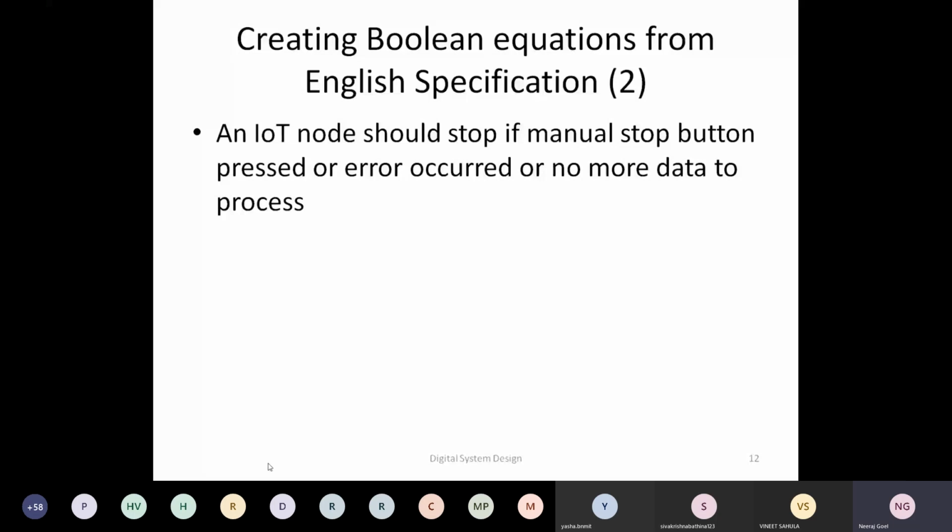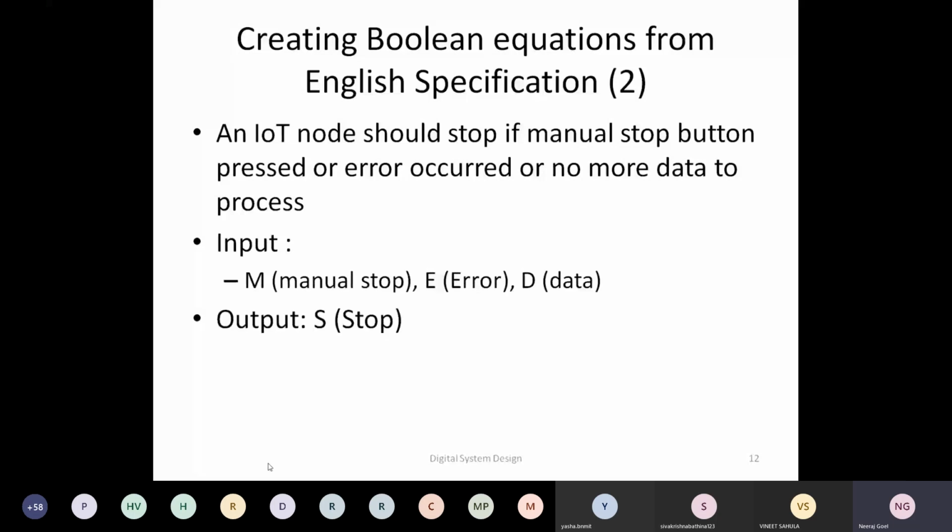The output is whether the node has to stop or not. After identifying the inputs, it is straightforward, then we can create an equation. In this case, the equation is very simple: it has to be M or E or inverse of T, that means there is no data. So this way we can create Boolean equations from the English specification.